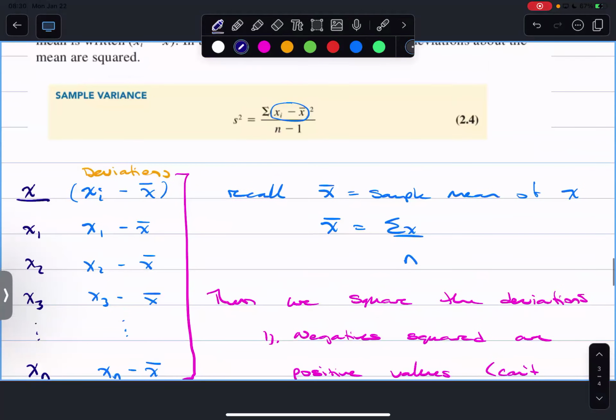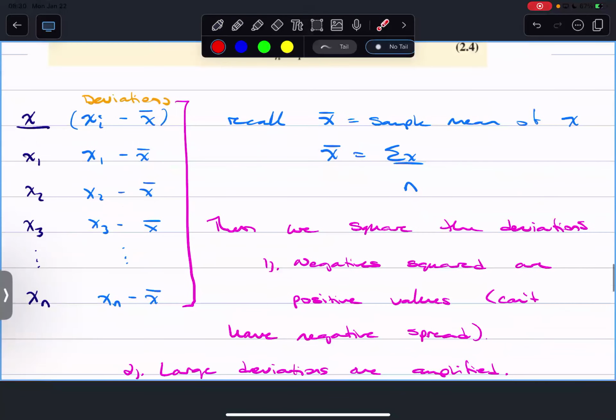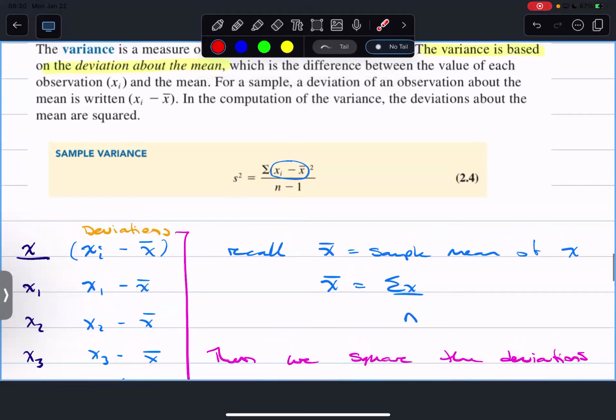Then what can we do? So we tackled the negative deviations, we squared them, we made them positive. And then what we do is we add those all up. So this sum here tells us that we're going to add these all up.